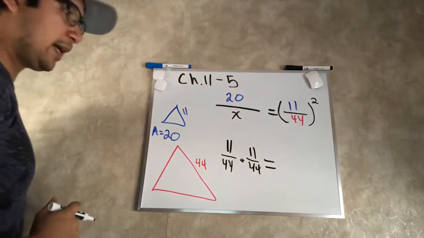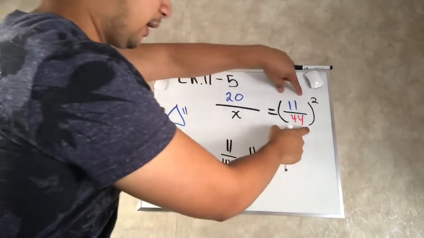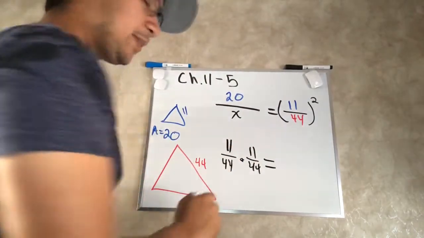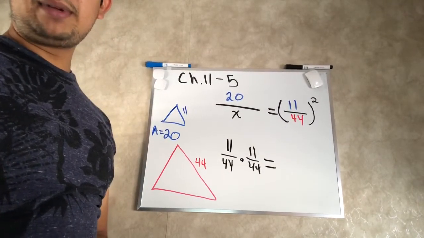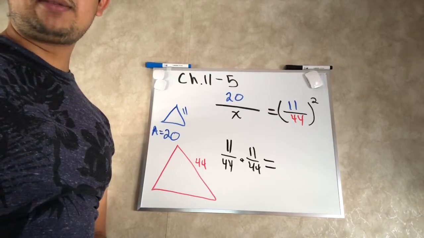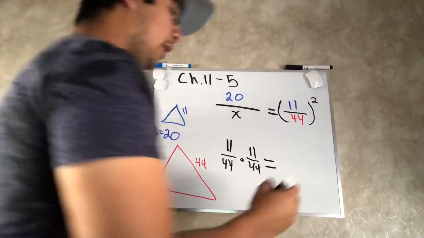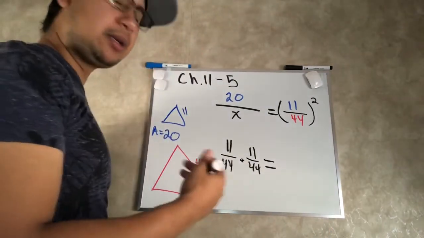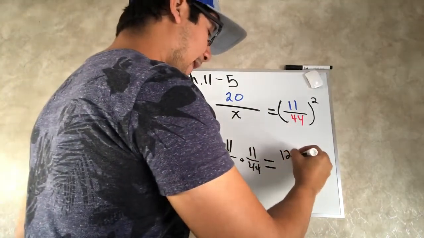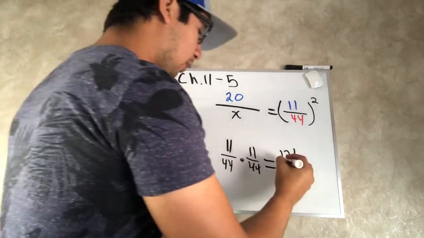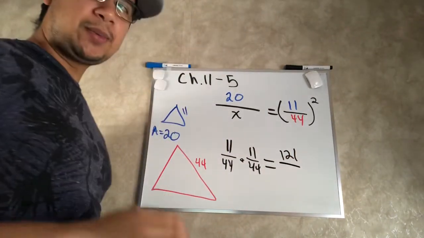So we're going to multiply that out. 11 times 11. You guys are going to need a simple calculator, because you are going to be multiplying, so just a heads up. 11 times 11 is 121. 44 times 44.